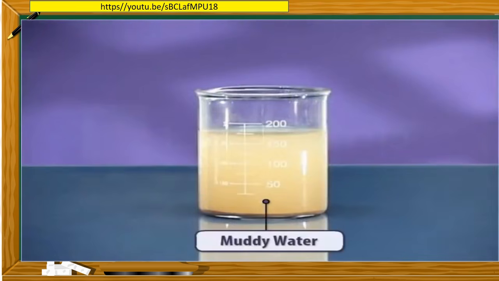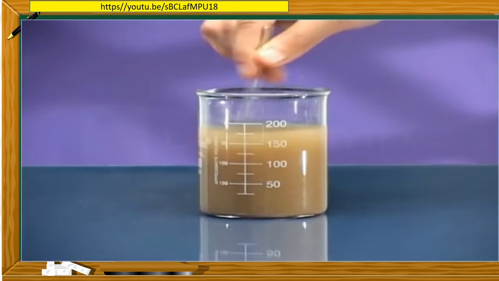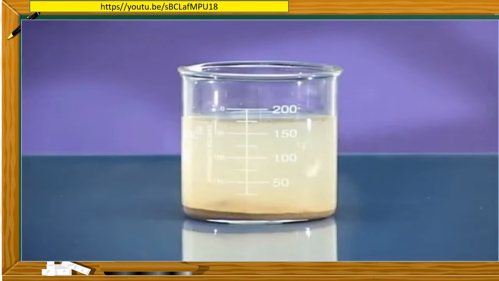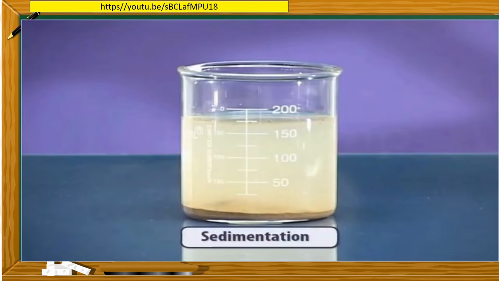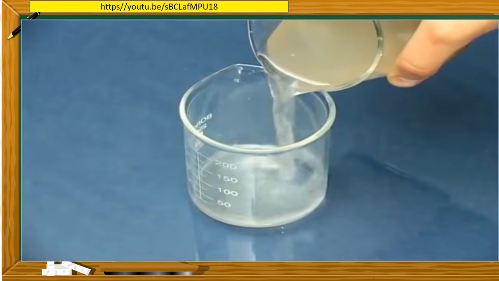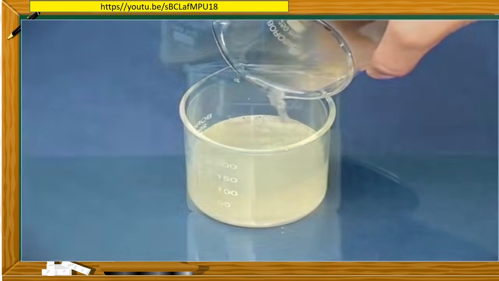Take some muddy water in a beaker. It is a mixture of soil and water. Stir this mixture well and leave to settle for half an hour. The mud settles down at the bottom of the beaker by the process of sedimentation. Now, transfer the water at the top of the settled mud by tilting the beaker to another empty, clean beaker.